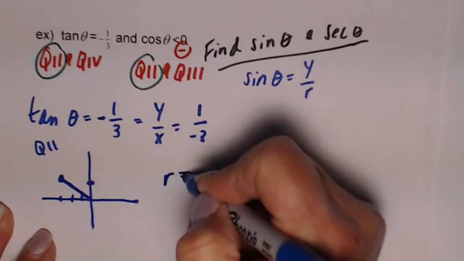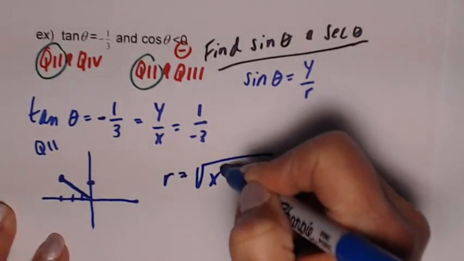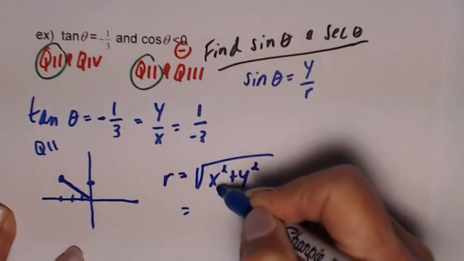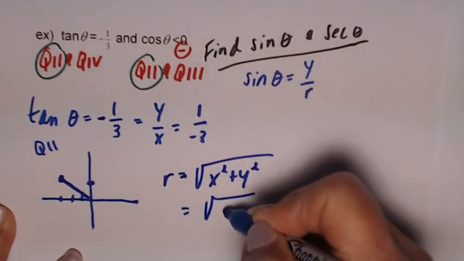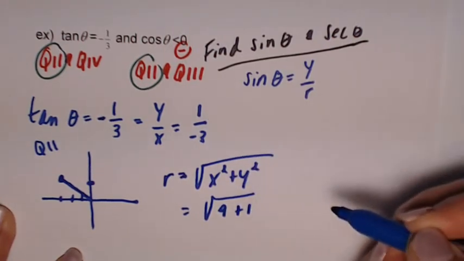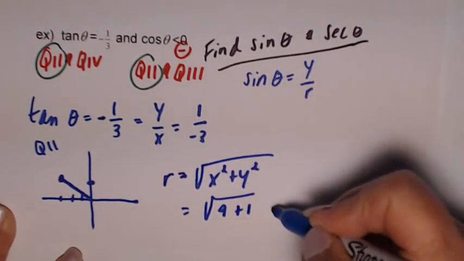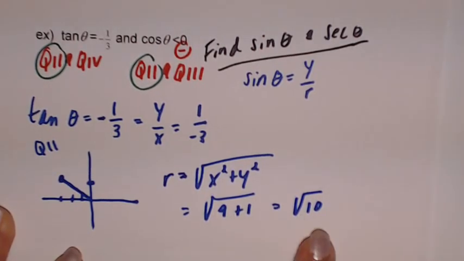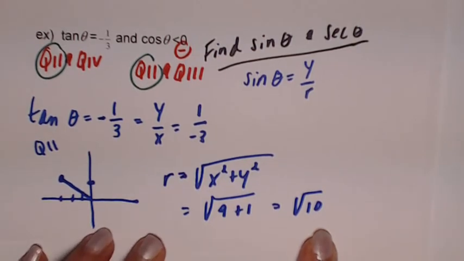R is equal to the square root of x squared plus y squared. In this case, x is -3. -3 squared is 9. Y is 1. 1 squared is 1. So 9 plus 1 is equal to 10. So r is equal to the square root of 10. Now we have all the information we need to answer the question.